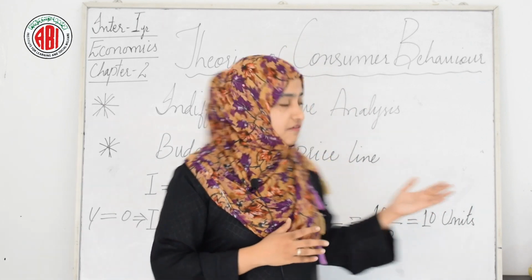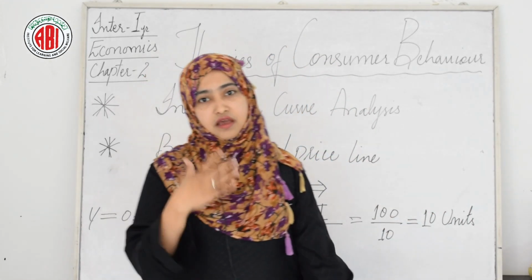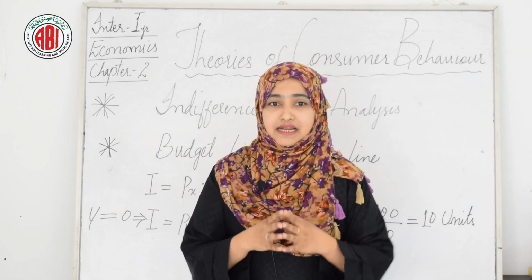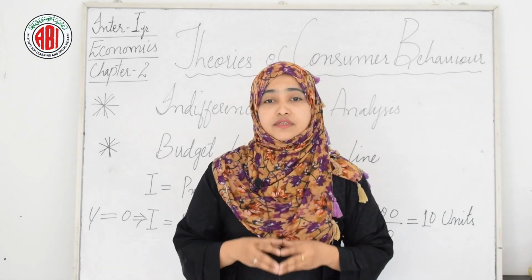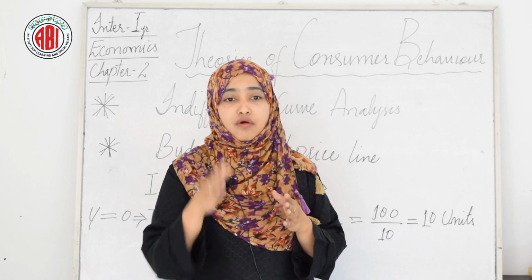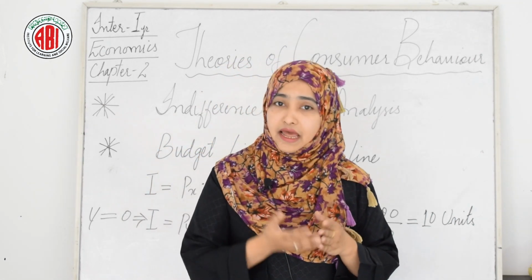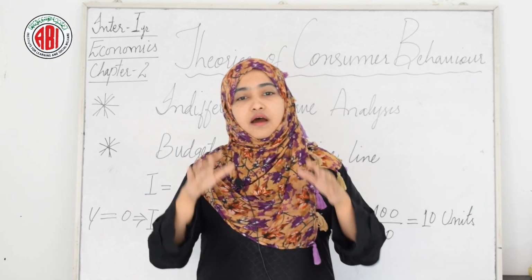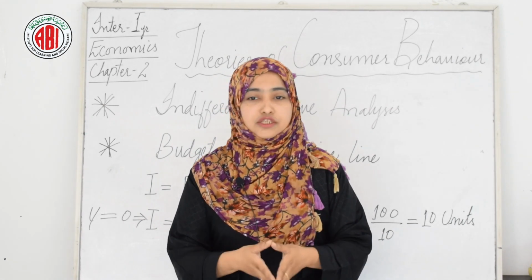Just now we have seen how they are representing the price lines. Any point outside the given price line, like H, will be beyond the consumer's capacity, and K shows underspending by the consumer.